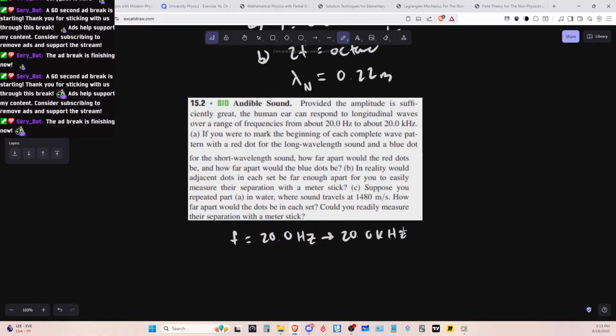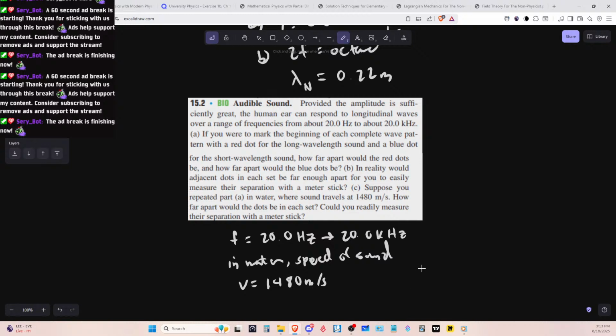B, suppose you repeat part A in water where sound travels. Okay, so we'll just put in water. Speed of sound. Speed travels at meters per second. How far apart would the dots be in each set? Could you readily measure their separation with a measuring stick?